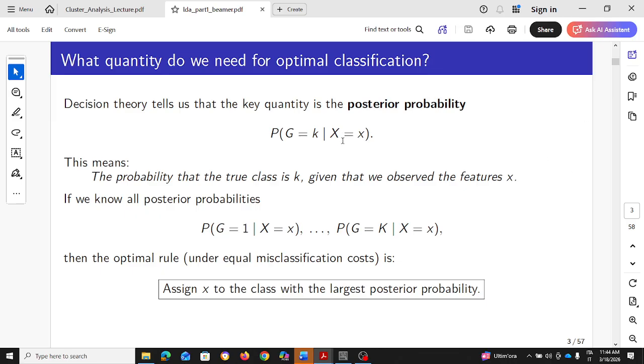We have a unit x, capital X, and we want to know how probable it is to be in group K. This is the posterior probability. We find it for each of our data points, and we assign x to the class having the highest probability.